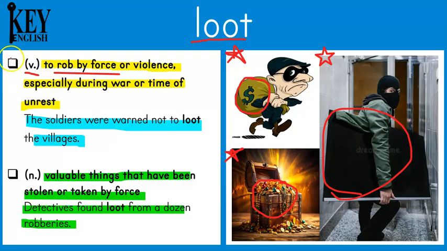So again, we can use it as a verb to talk about the action of stealing, or we can use it as a noun to talk about the actual items that were stolen. And remember, this word is most common when there is a time of war, some disaster, or some trouble going on. Otherwise, we might just use the word steal or theft instead.